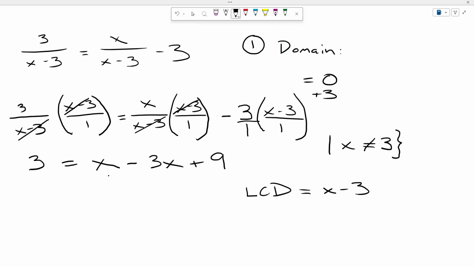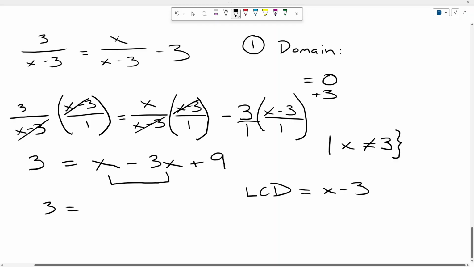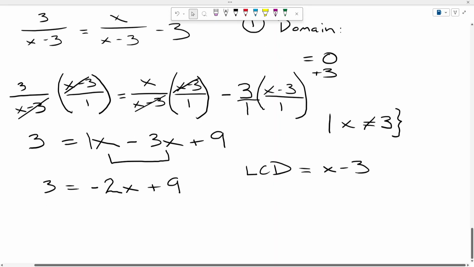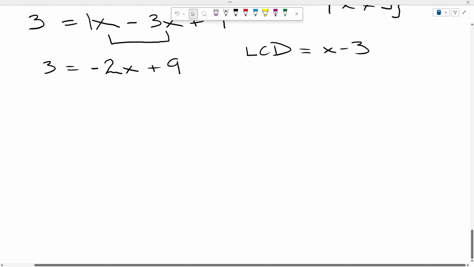So let's combine some like terms here. These both have an x variable, so we have x minus 3x. If it's helpful, remember the imaginary 1 here. So 1 minus 3 is negative 2x plus 9. And now we will subtract that 9 over.